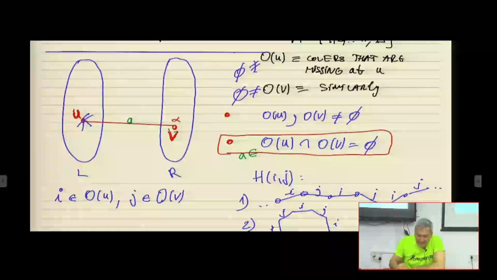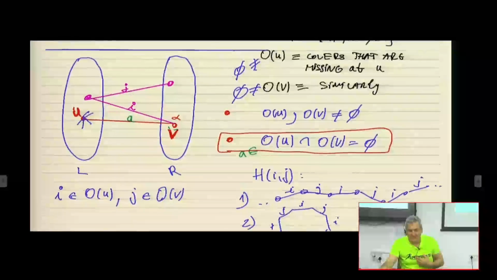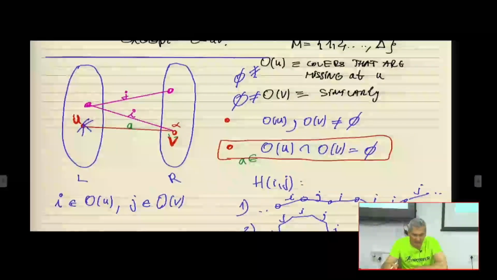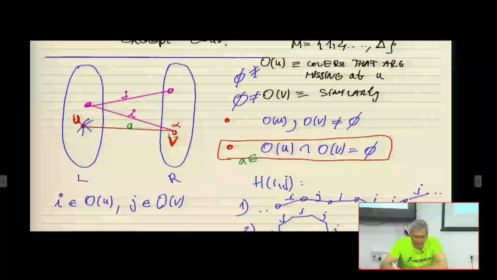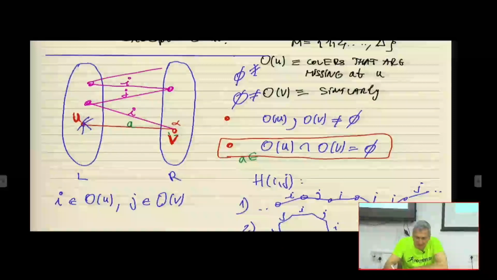So if I is missing at U, then I must appear at V. So we are going to have here I, yes? And at this vertex maybe it has J. We see the induced component of I and J which contains this edge. So it may go like this and maybe stop here.